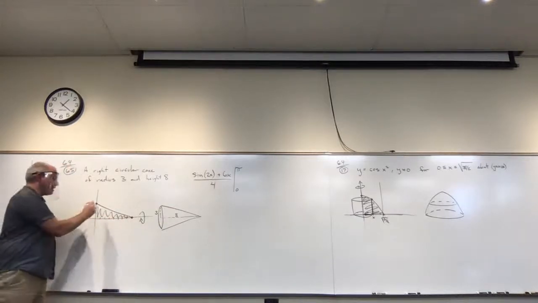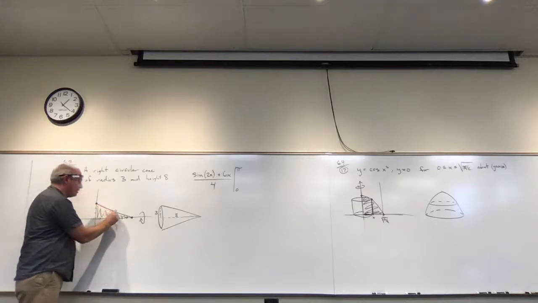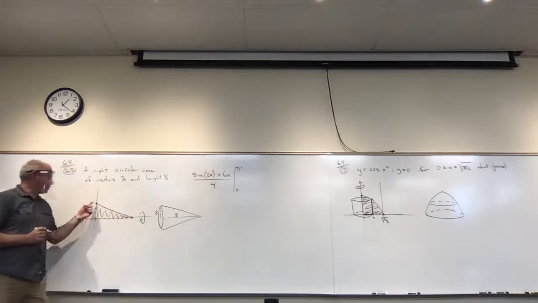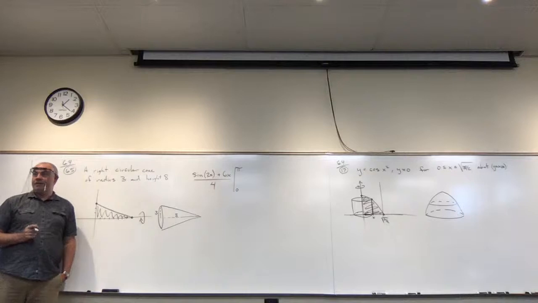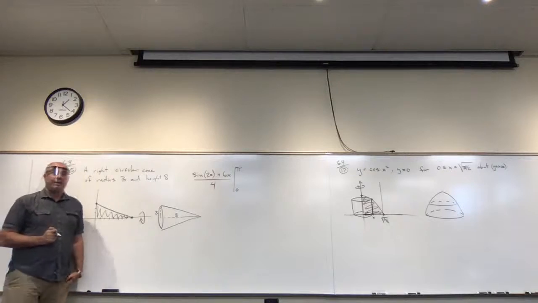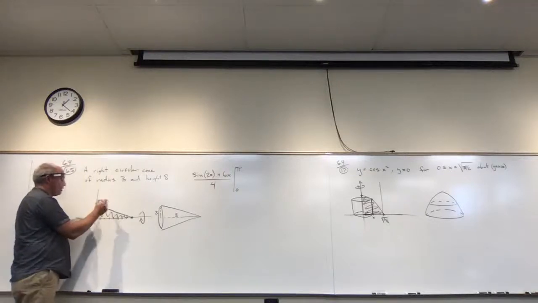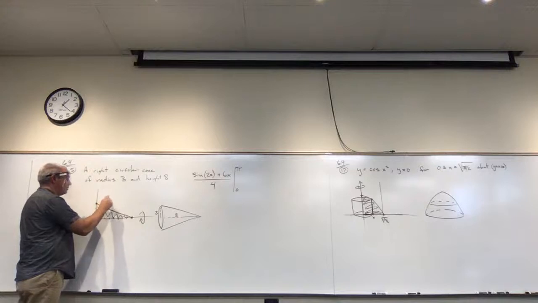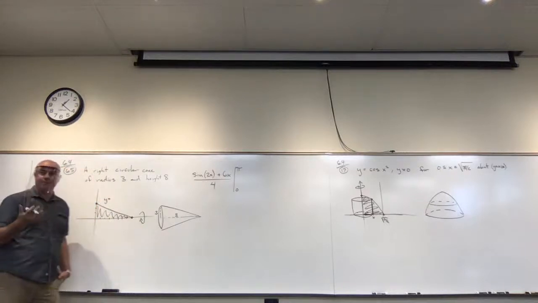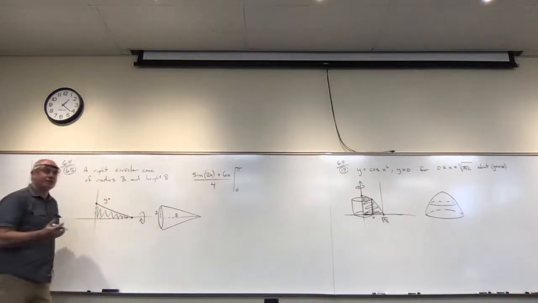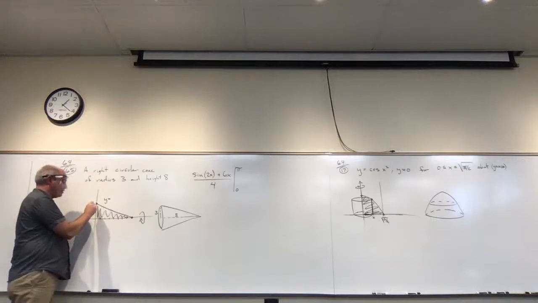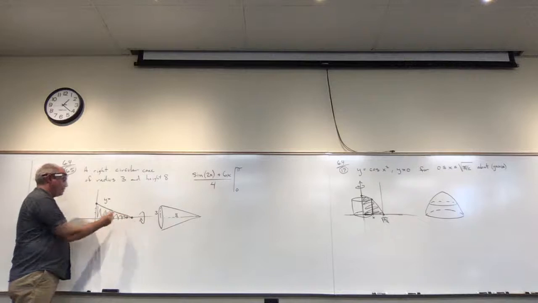To do that, I guess I need to know the equation of that line. Let's see, it would be y equals mx plus b. So the slope of this thing is down 3 over 8.